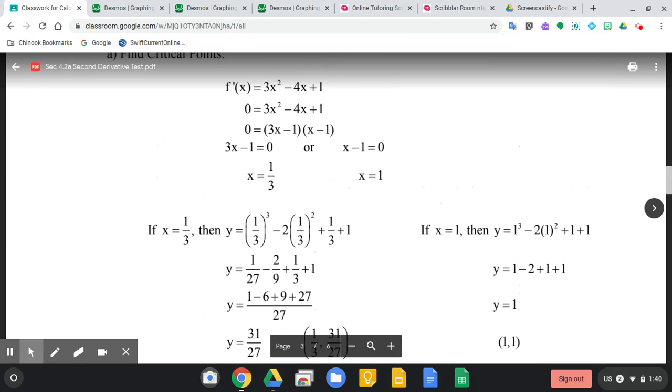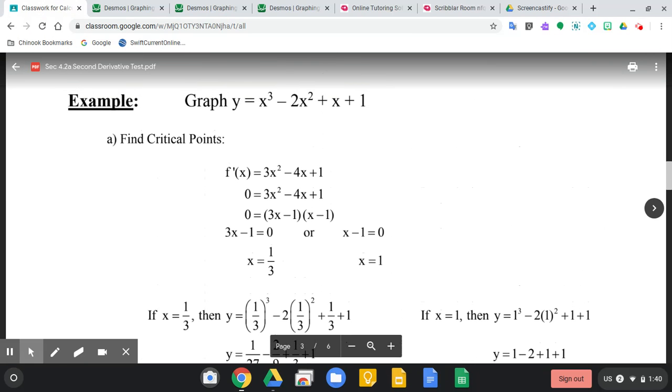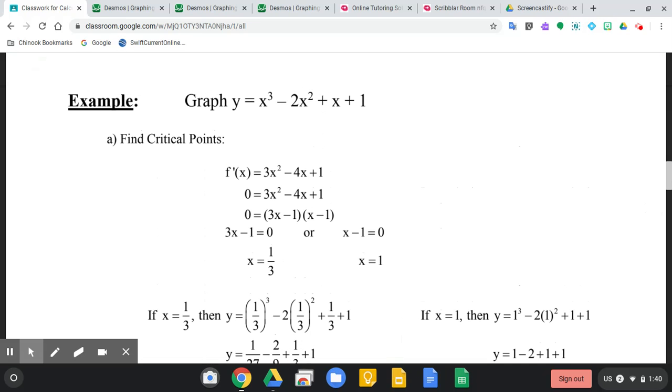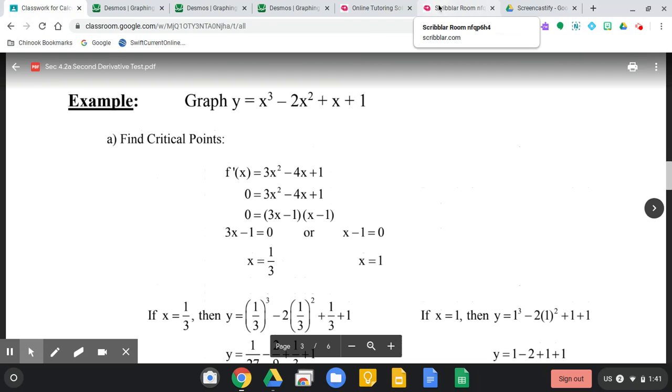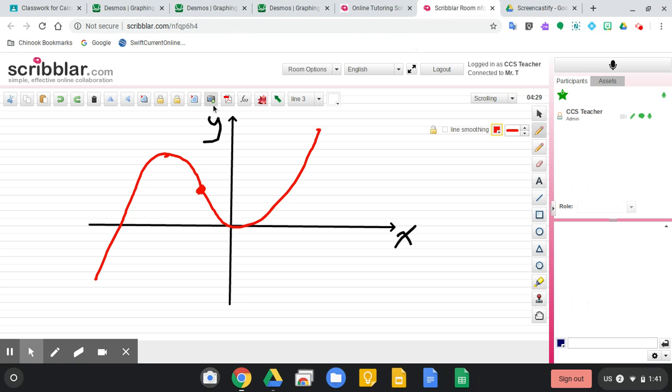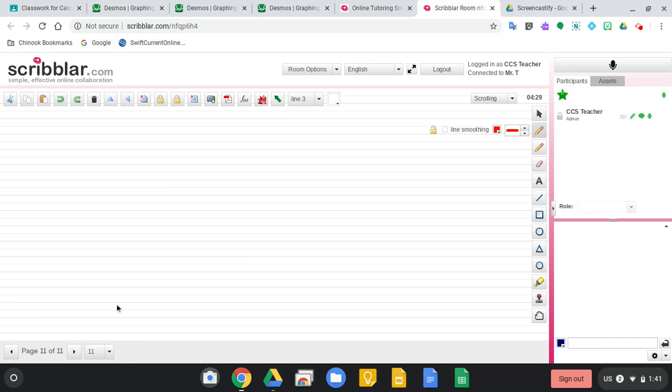If we look at the next example, we have the expression f of x equals x cubed minus 2x squared plus x plus 1. We would like to be able to graph this function. So I'm going to go back to the scribbler and start a new page. Let's get back to the color black.